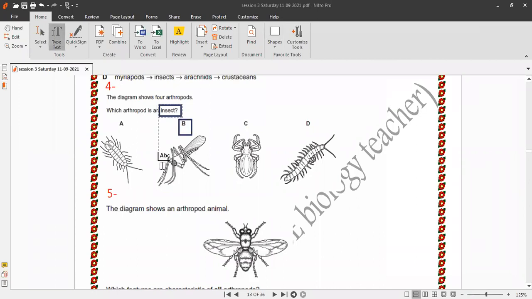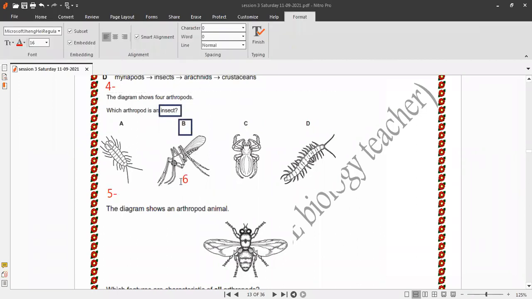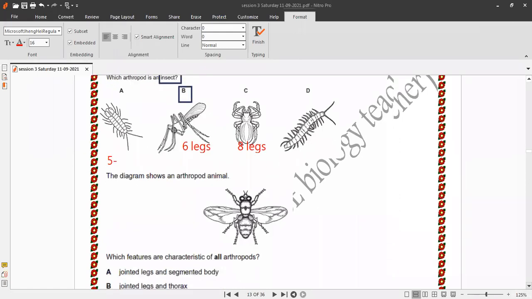B, because here 6 legs. And here 8. This is arachnid. And this myriapods, and this also like C, or maybe crustacean.